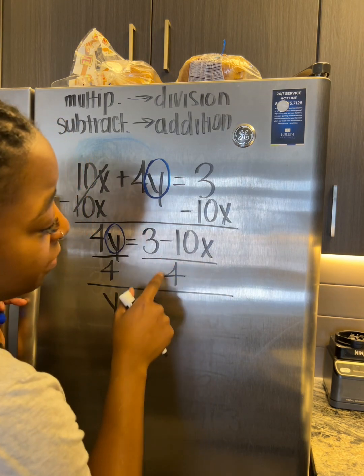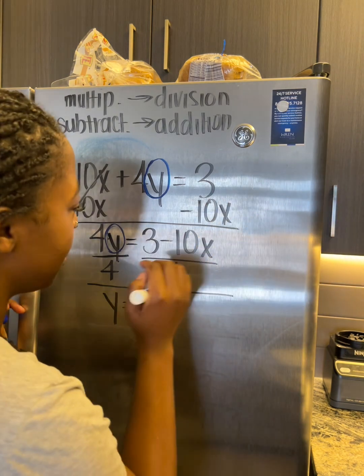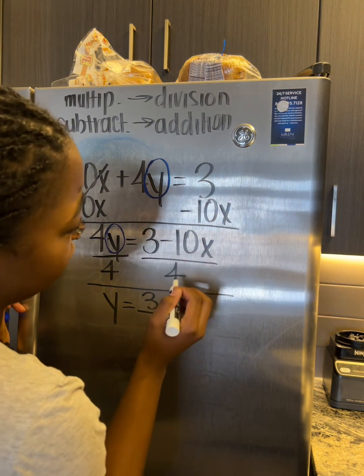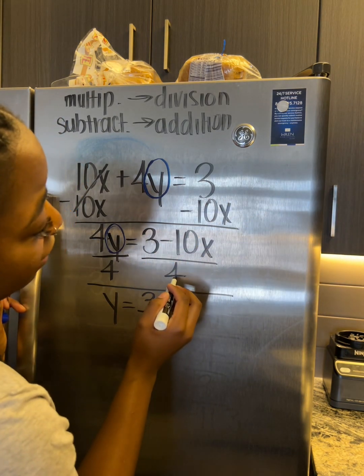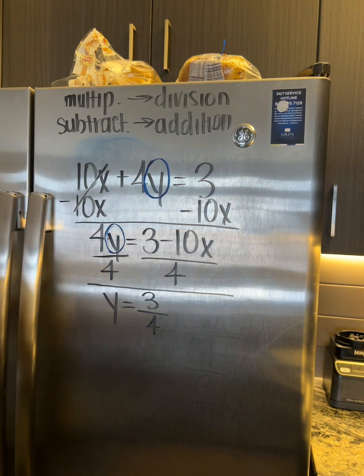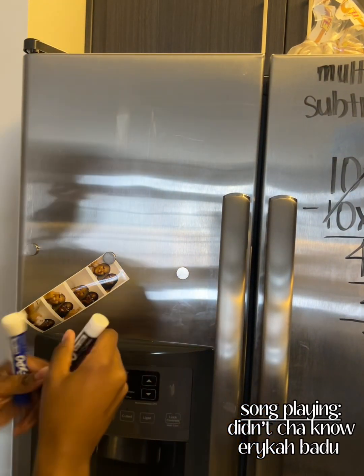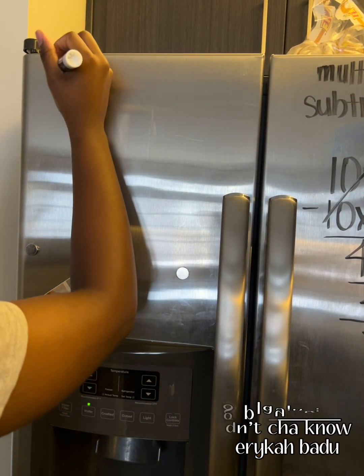Now you want to make sure you have a simplified fraction. You need to have a simplified fraction. So negative 10 divided by 4. Hold on. So if I have 10 over 4, right?